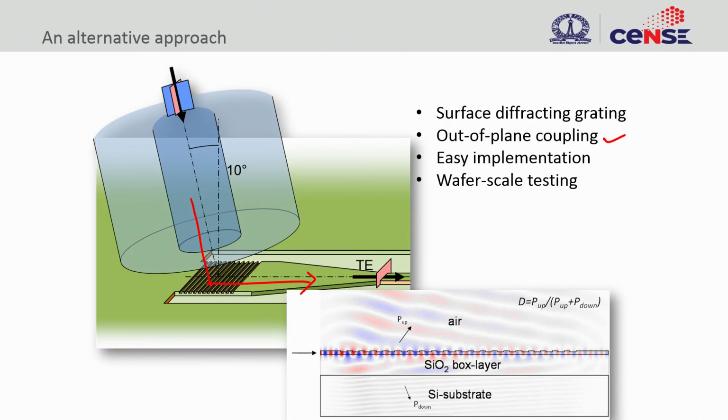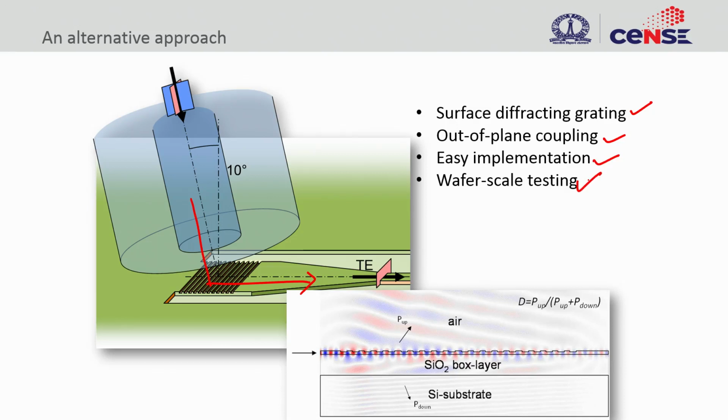You do not have to chop the chips, you can do it on top, right, like probing. Just like electrical probing, you can do optical probing. This is achieved by using a simple surface grating. There is nothing very special about this. So, you can just use a surface grating, and it is rather easy to implement as well.